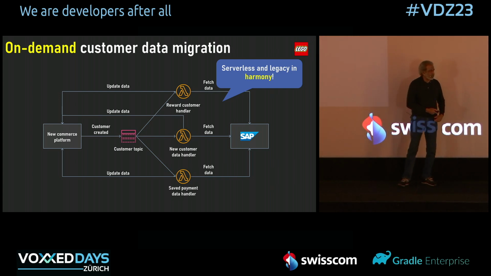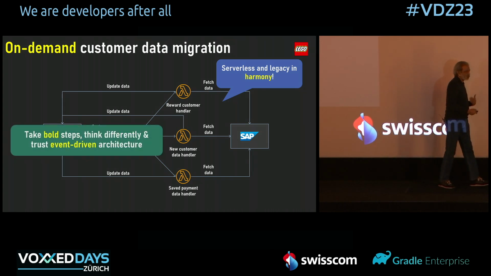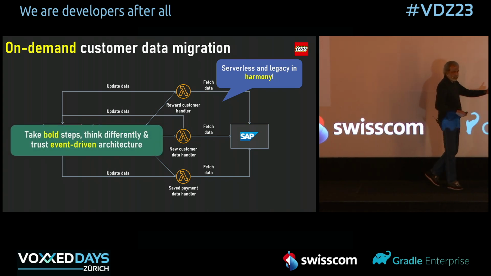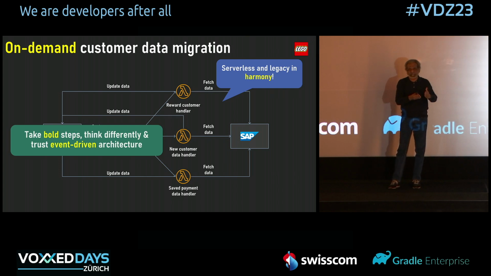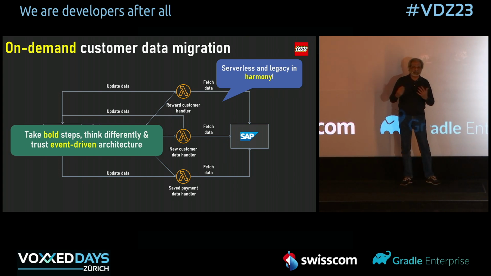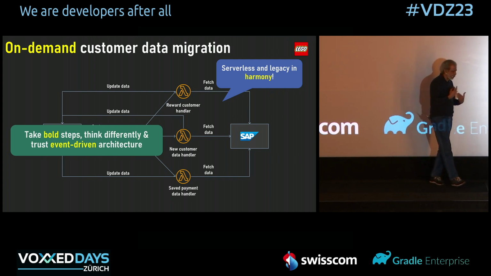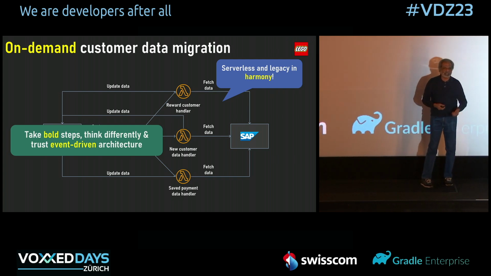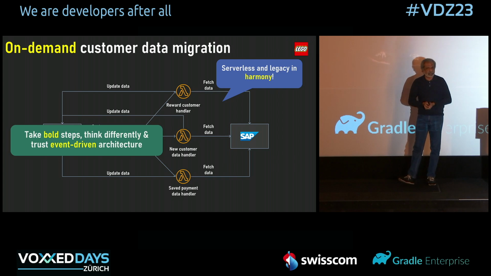So let's do it on-demand. For that, we trusted the event-driven architecture. As customers come to the new site the first time, we do some backend processing to pull data from different sources, including the legacy setup and SAP systems, over to the new platform. So this again worked beautifully.